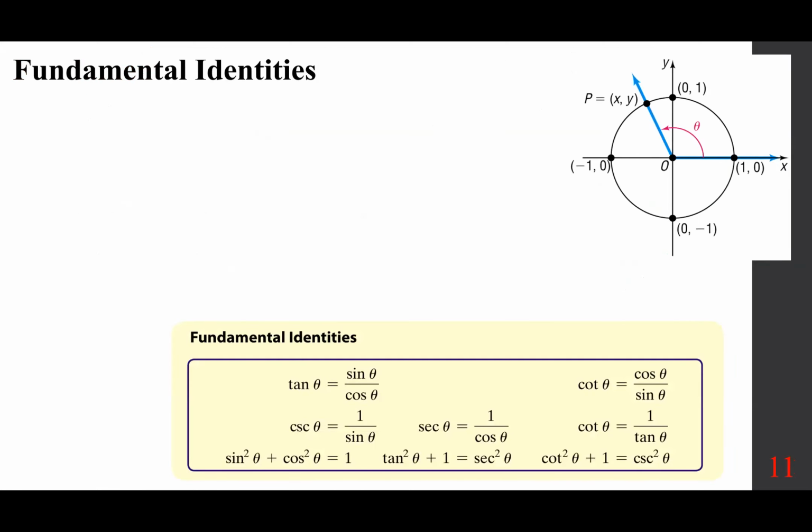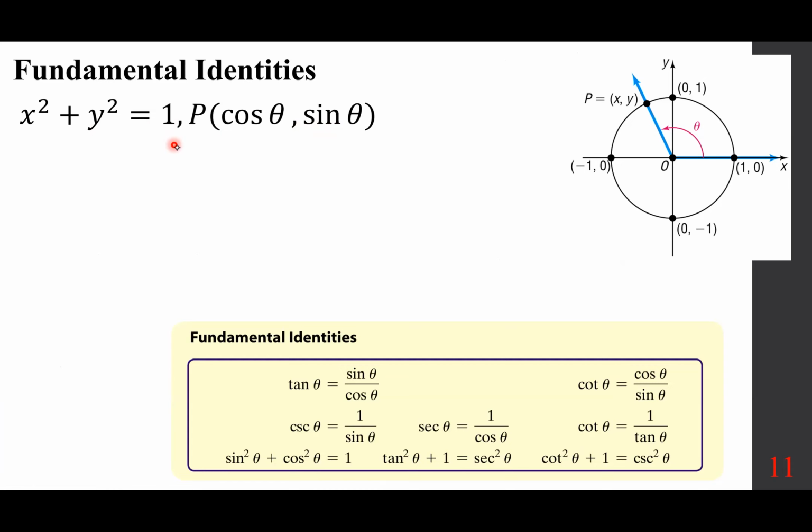All right, let's look at what we call fundamental identities. First, x squared and y squared, they add up to 1. Therefore, cosine squared plus sine squared, they add up to 1, or sine squared plus cosine squared.